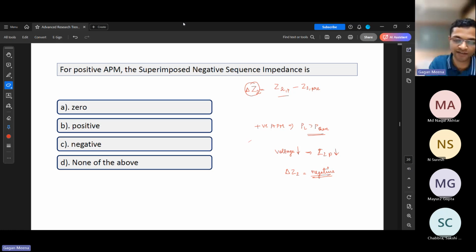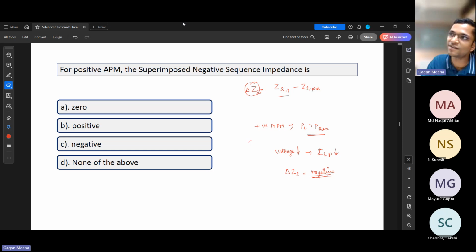So let's say the load increases. You have maintained the voltage at, let's say, 1 per unit at the substation. Even if it is 1 per unit at the load end itself, the substation voltage has to be higher than 1 per unit to meet the losses in the line.